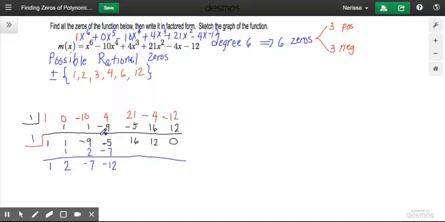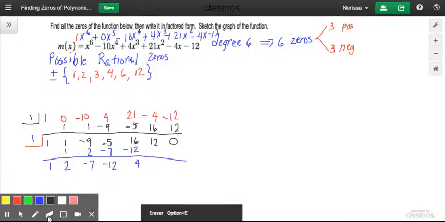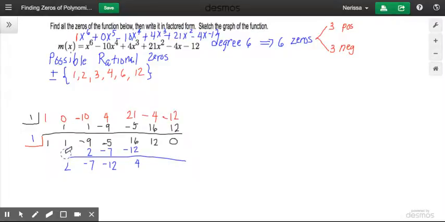Negative 12 times 1 is negative 12. And then 16 minus 12 is 4. And 4 times 1 is not negative 12. Therefore, 1 is not a 0 again. So we will just erase this.